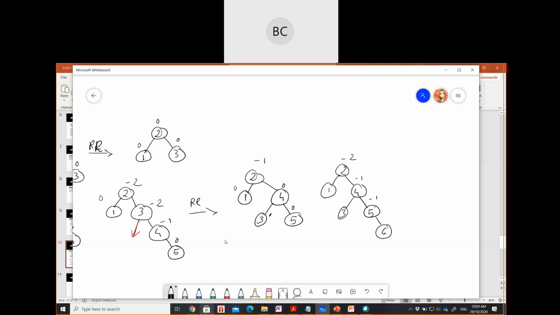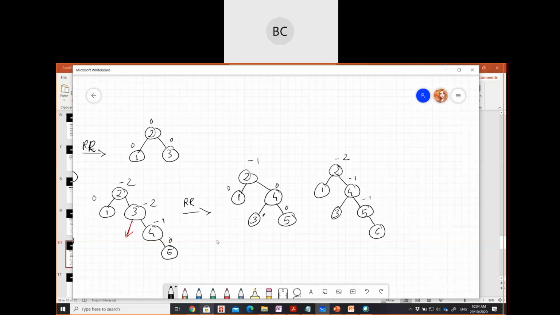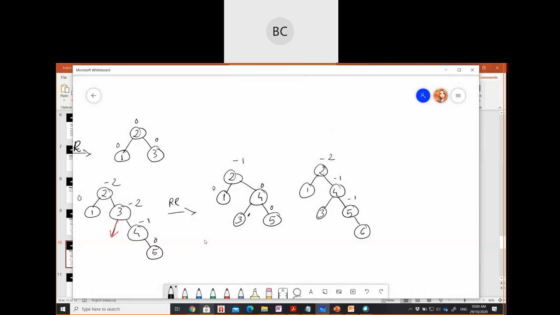Correct? So now what do I have to do? Your imbalance is at this point, right? The rest is fine, this is just 0. So I have to pull this down now, correct?